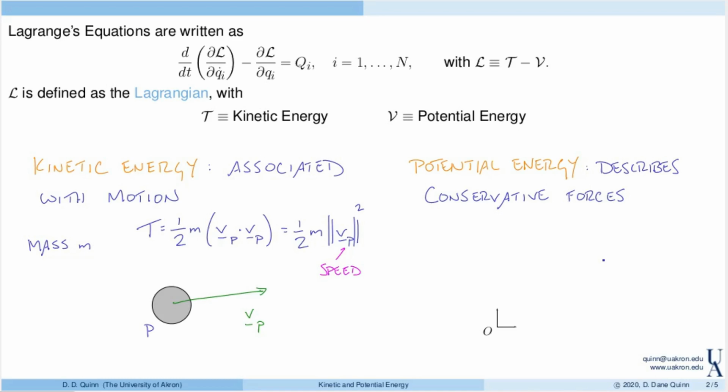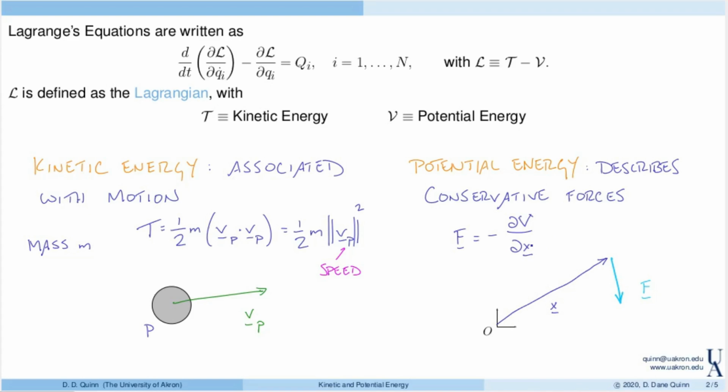So if we had, say, a force here, and we'll label that F, and it's applied at a location, say there, and that location is given by a vector x, then this force can be written as minus the partial of the potential energy function with respect to x.